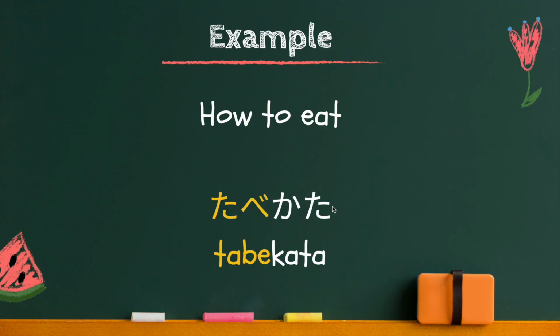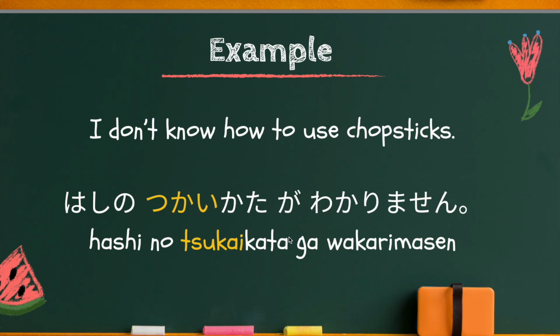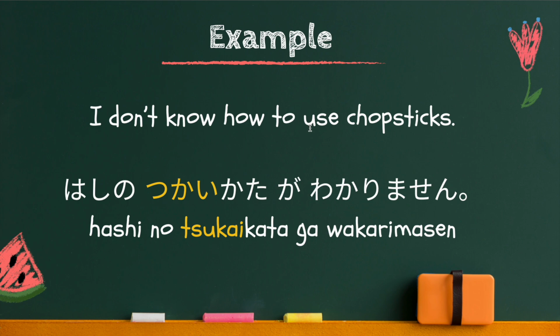Now I will show you how to use this part in a sentence. I don't know how to use chopsticks. 箸の使い方がわかりません。使い方, this is how to use.